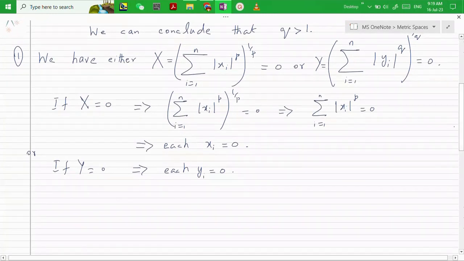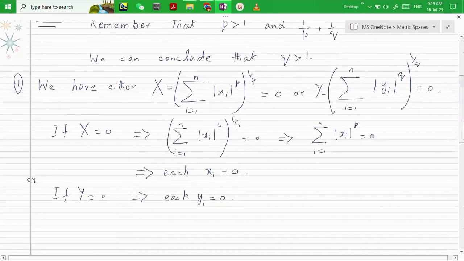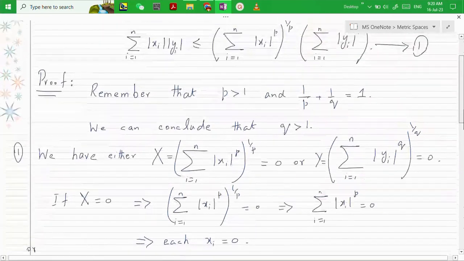So this is our result. When capital X is equal to 0, then each xi equals 0. Okay, then what happens?